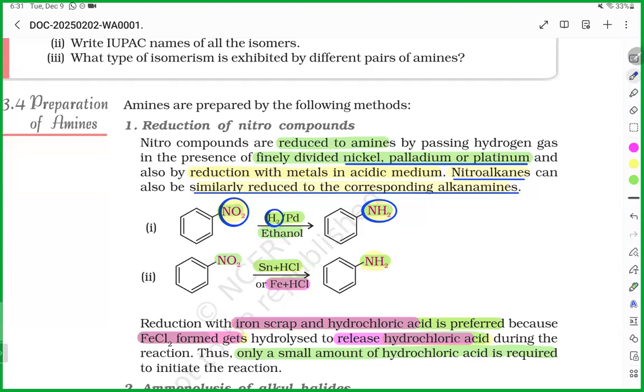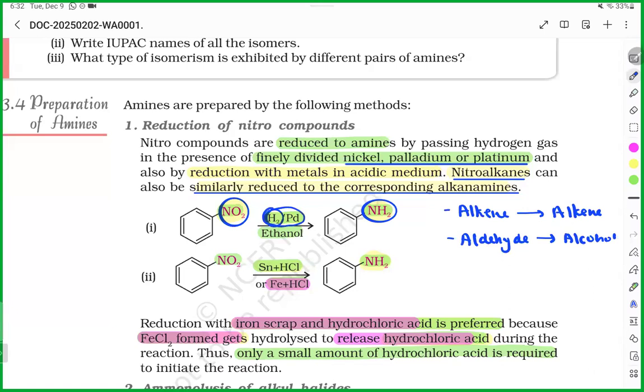So in both situations, hydrogenation of alkene or reduction of aldehyde or ketone, you can use the same hydrogen with any catalyst like nickel, platinum or palladium; hydrogen will be added and you will get the same result.